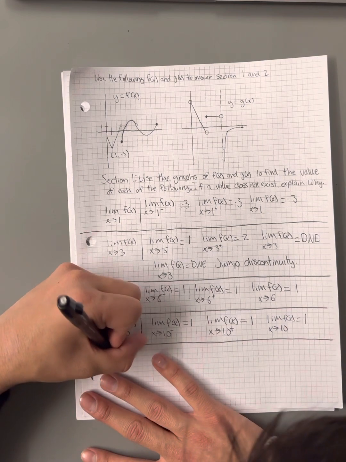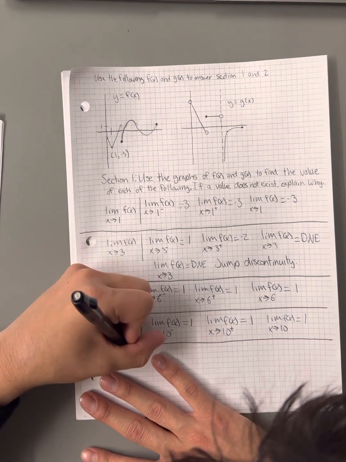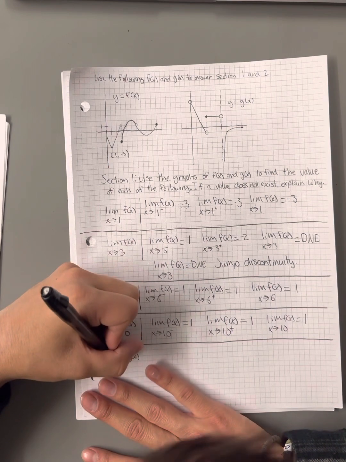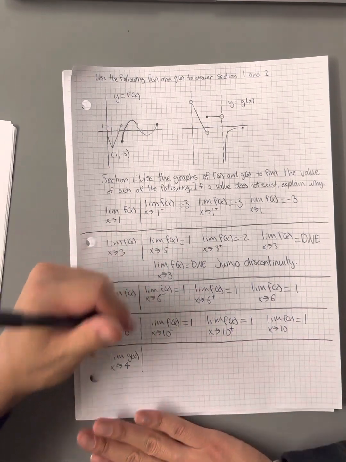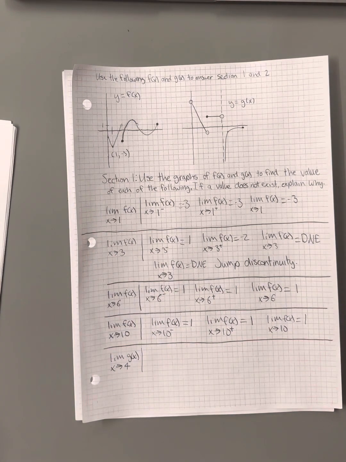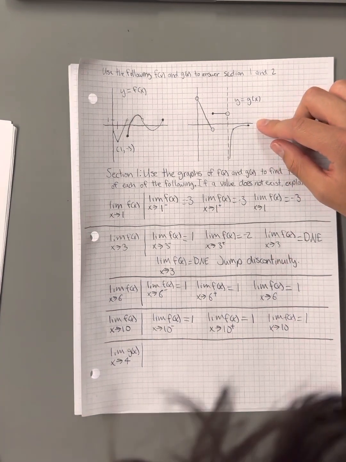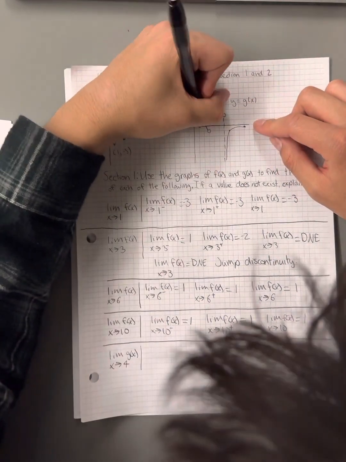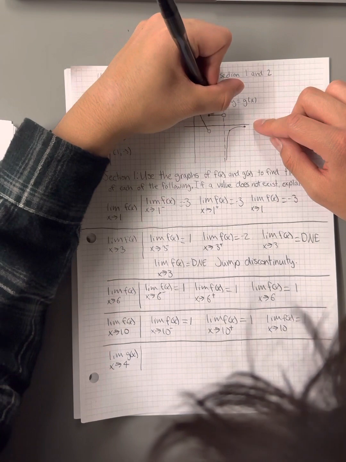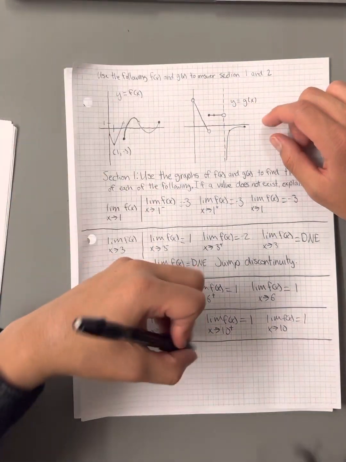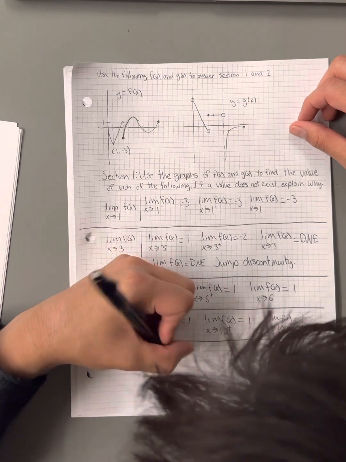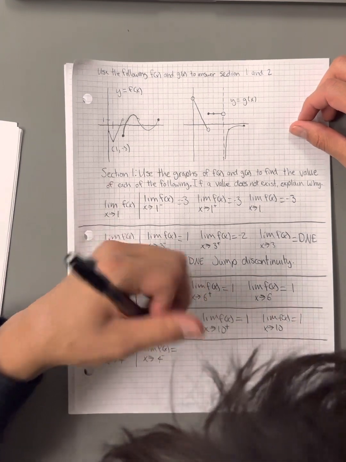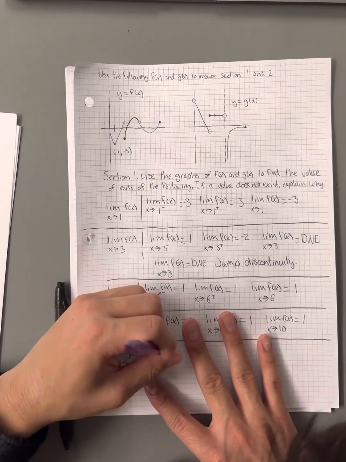So next up, we have the limit of g of x as x approaches 4. Now let's look at g of x. It's this graph. As it approaches 4, we are right here. So let's look at it from the left. Whoops. Not f of x.